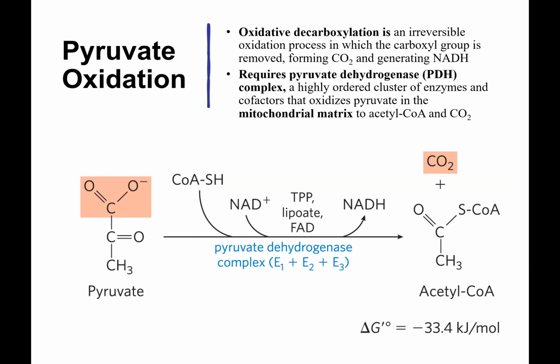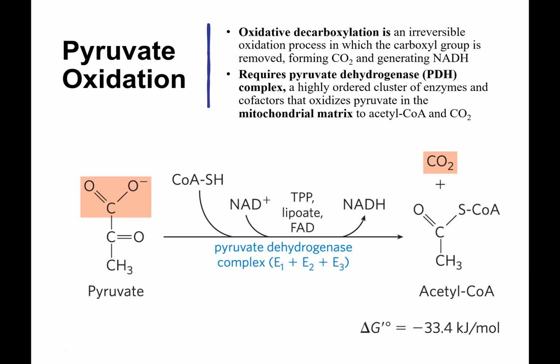Well, if we're going to get from pyruvate, you may recall, if we think back to the anaerobic conditions, we could take pyruvate, and if we're getting to ethanol, we can lose this group to form acetaldehyde.